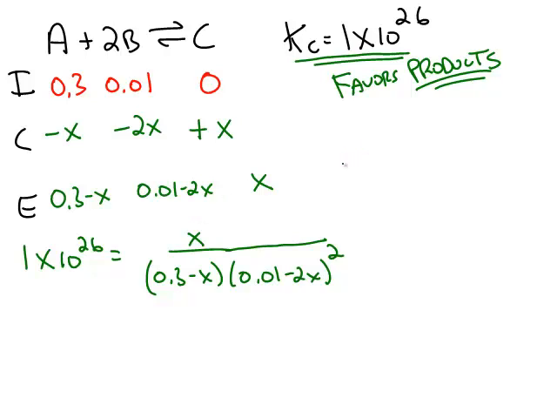And we know that a large value of K means the numerator will be large at equilibrium and the denominator will be small at equilibrium.